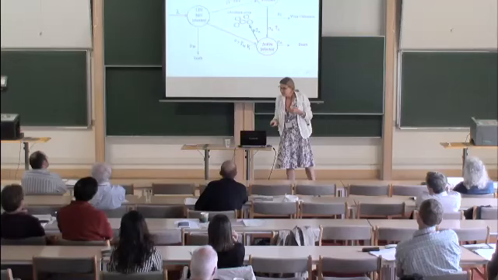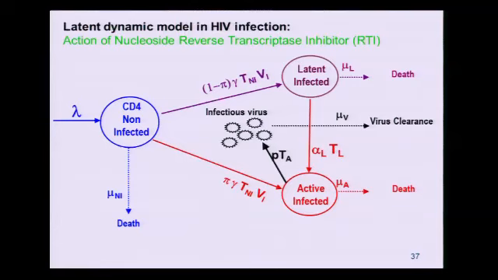Now we can add the effect of treatment. First, the effect of reverse transcriptase inhibitors. As I've shown you, it blocks the creation of DNA, so it blocks the creation of latent infected or active infected cells. The way we do that is we assume that only a proportion of the CD4 will become latent infected or active infected.